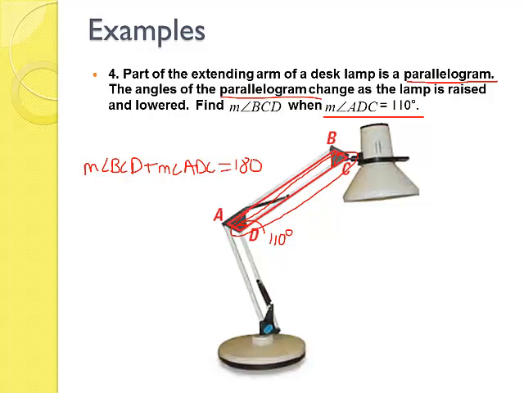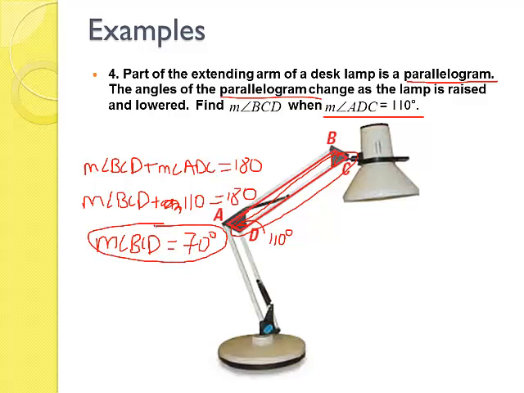Use the substitution property. We know ADC is 110, so measure of angle BCD plus 110 degrees equals 180. Subtract, and we get measure of angle BCD equals 70 degrees. And you're done, because consecutive interior angles of a parallelogram equal 180 degrees, or are supplementary.